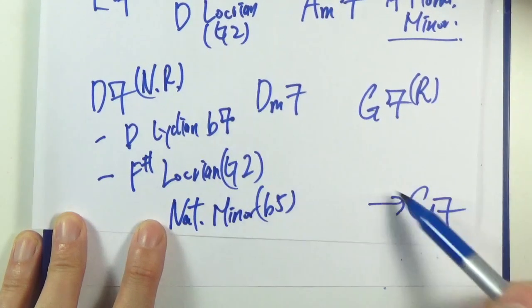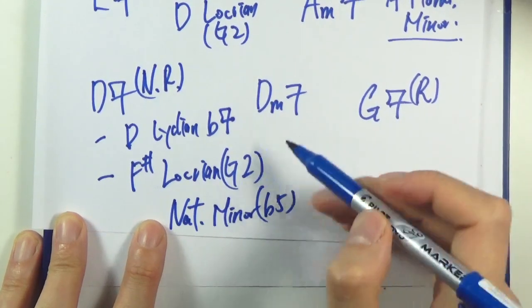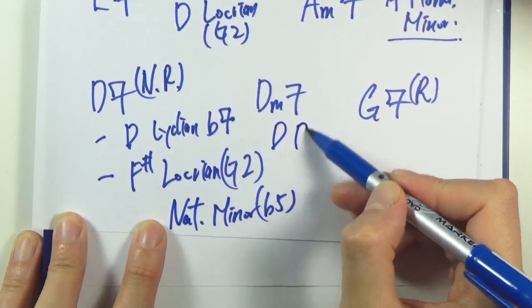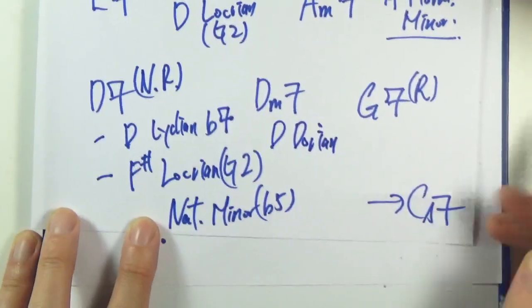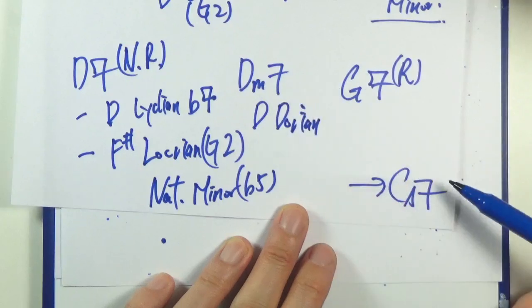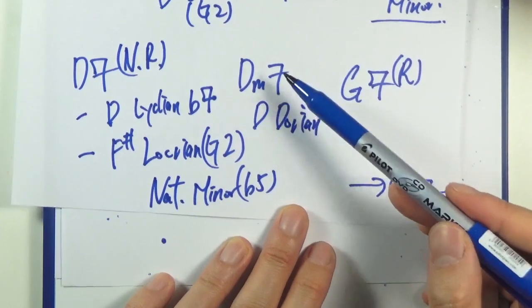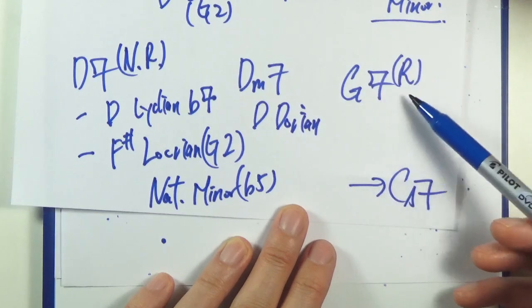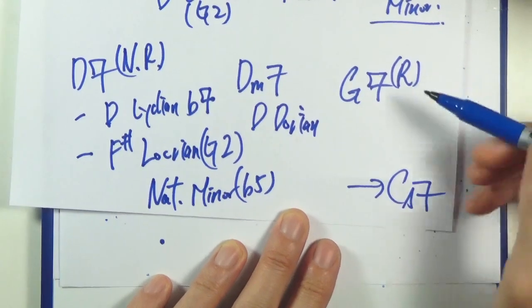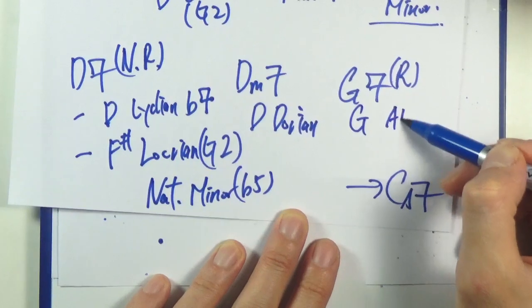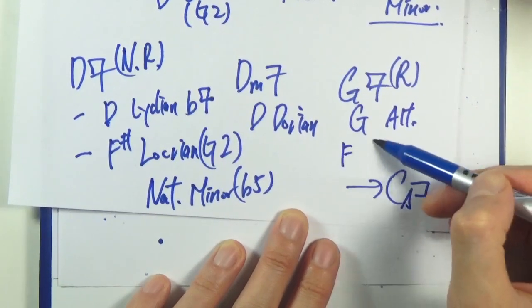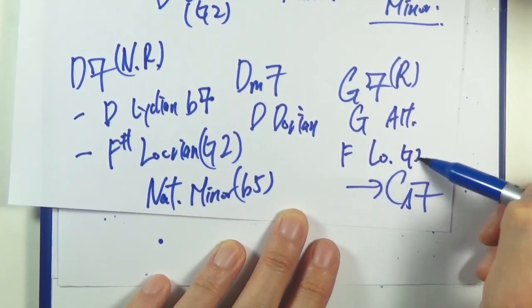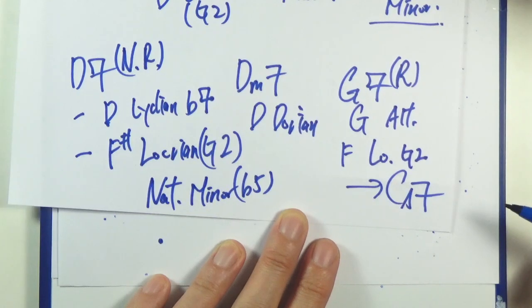In this case, we're going back to C major 7, and D Dorian would be better, I guess. It's the 2 of C major, so D Dorian would be more appropriate here. Going into G7, resolving because it goes to C major 7. So same thing here, G altered, F Locrian natural 2. All right. Great, that's it.